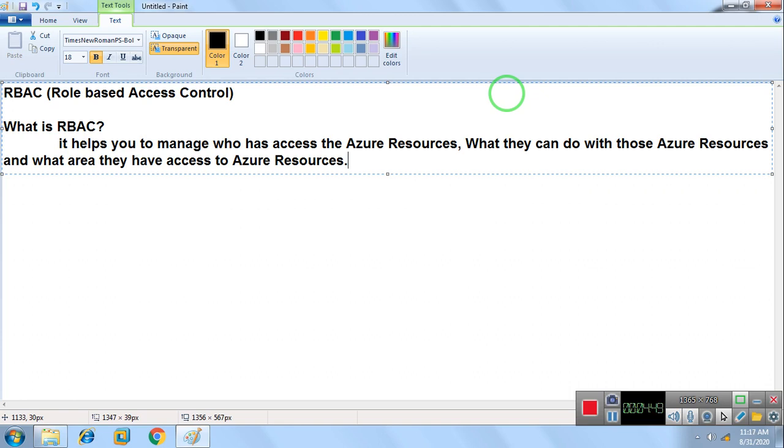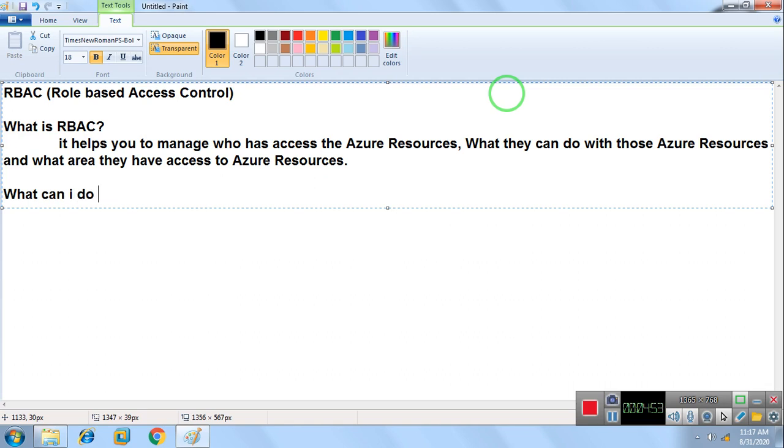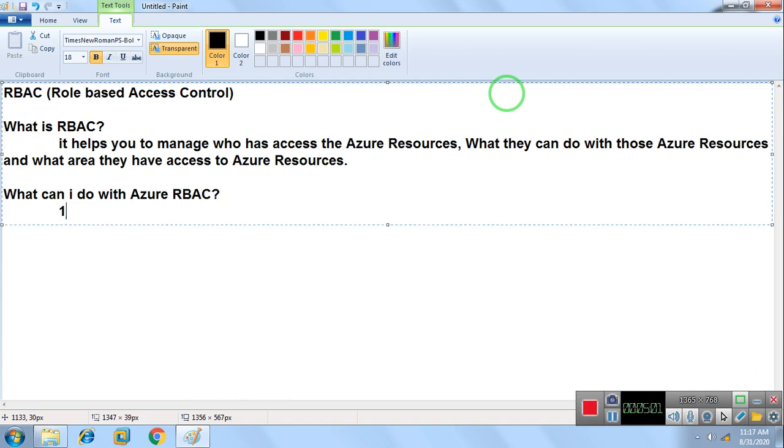Now I'll give you the examples. What can I do with Azure RBAC? Example number one: imagine I have one user, and I give that user the right to manage virtual machines.